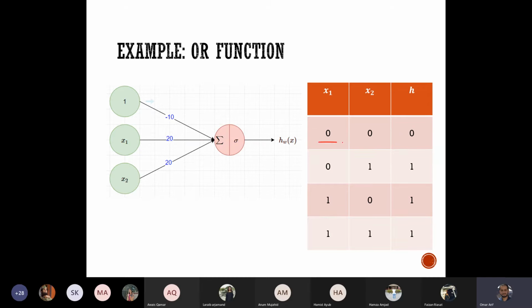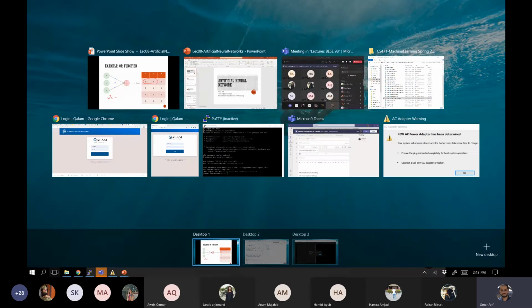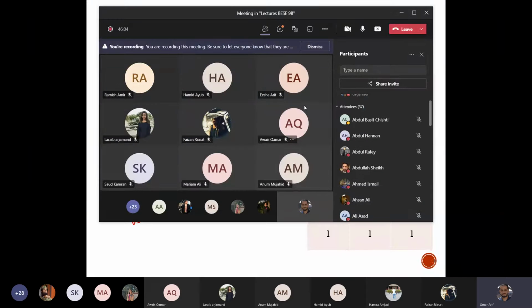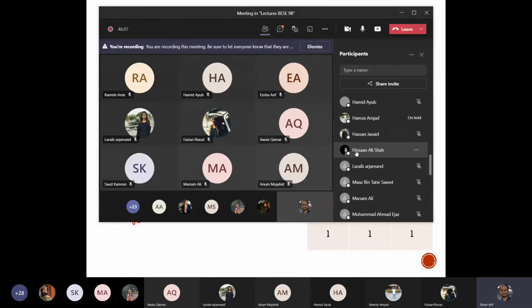Okay, so let's look at the first example. So starting with W transpose X. What will W transpose X be for the first example?